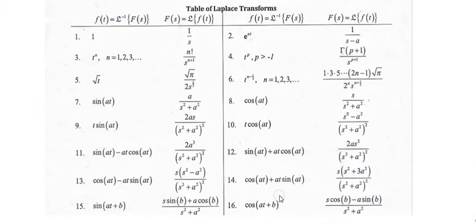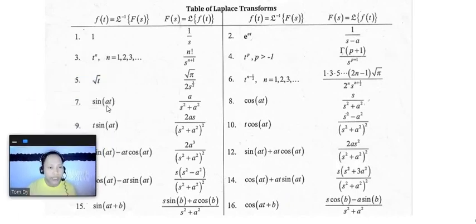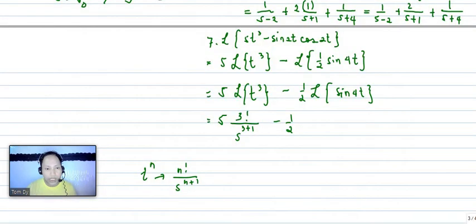We have already solved this one a while ago: sine of at is a over s squared plus a squared. So the Laplace transform of sine 4t is 4 over s squared plus a squared, where 4 times 4 is 16, so s squared plus 16.